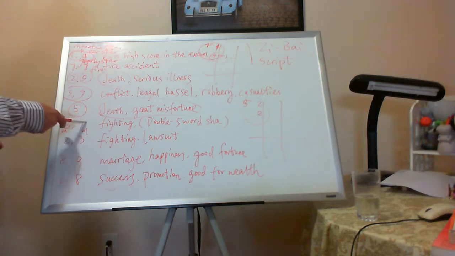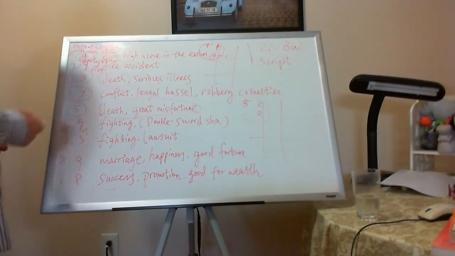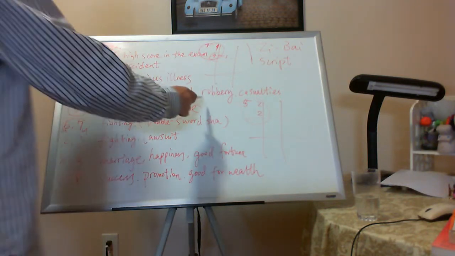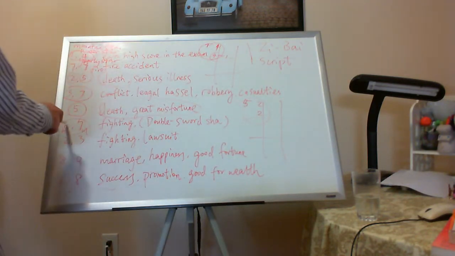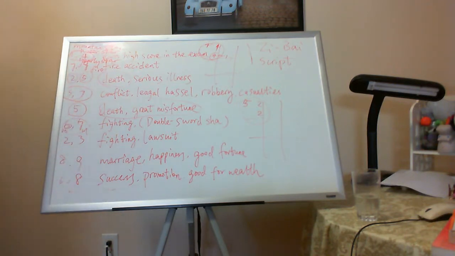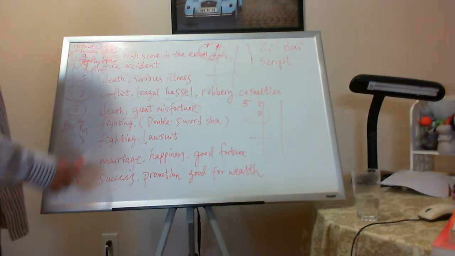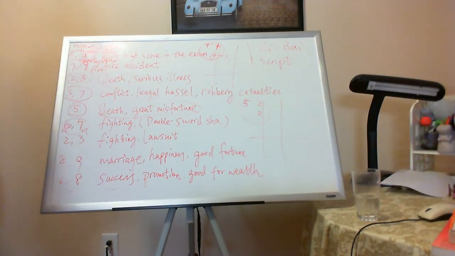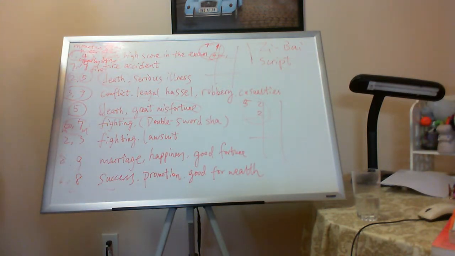But in this special combination, because 7 is an inauspicious star, representing robbery and casualties, and 6 represents the wealth, the earned income, there's robbery and casualty combined with the earned income. So the end result is not auspicious, and usually it's the loss of wealth.